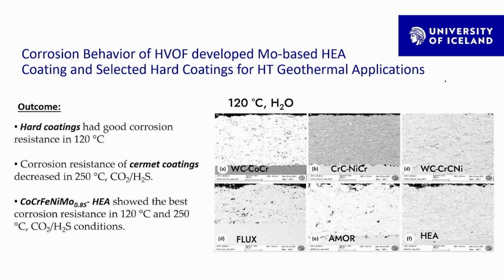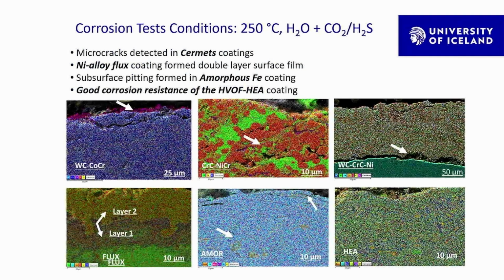So we had these HVOF hard coatings tested at 120 degrees in water, and from the inspection, they performed quite well. But for our 250-degree test, where we have CO2 and H2S, damage occurred and corrosion effects were more pronounced, and our cermets were detected with microcracks, as we can see here in the top line.